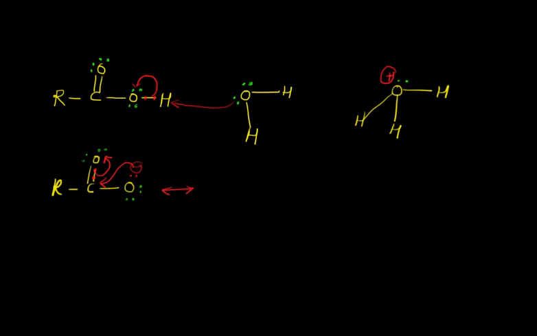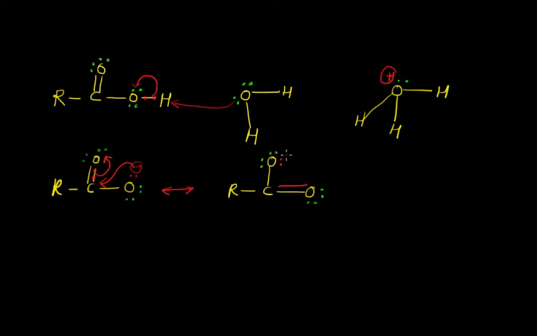So let me write the resonance structure: R, C bonded with oxygen, and this carbon bonded with oxygen. Now let me write the lone pair of electrons on this oxygen as it is. Here also we have a lone pair of electrons on this oxygen. Now we must write the carbon oxygen double bond, and the lone pair between this carbon and oxygen will go on this oxygen.